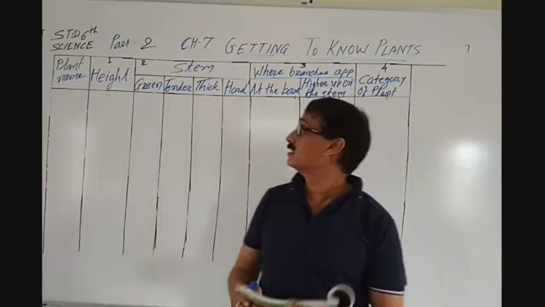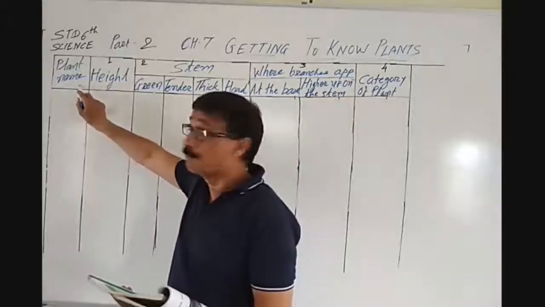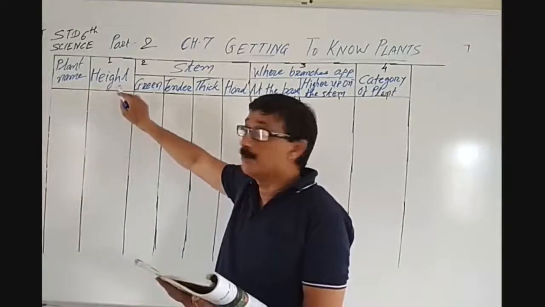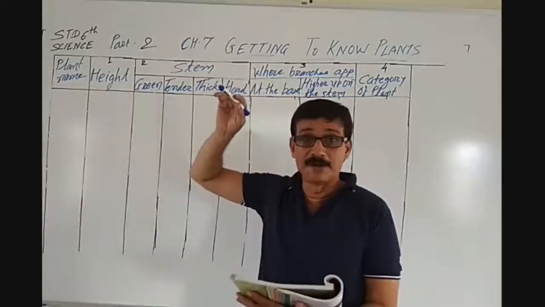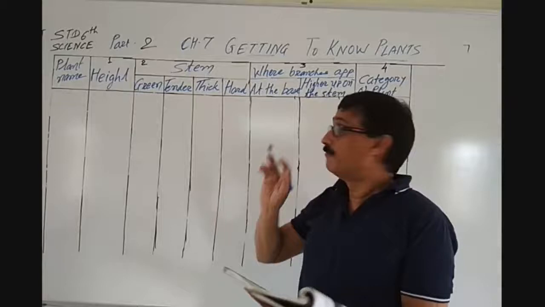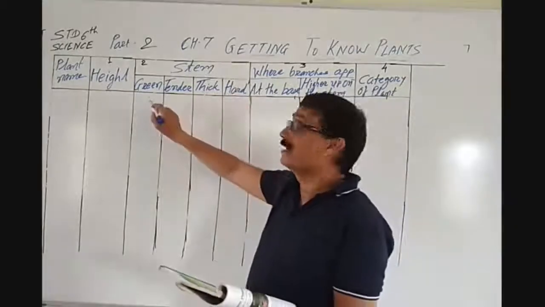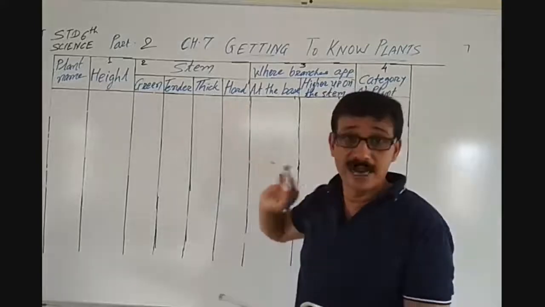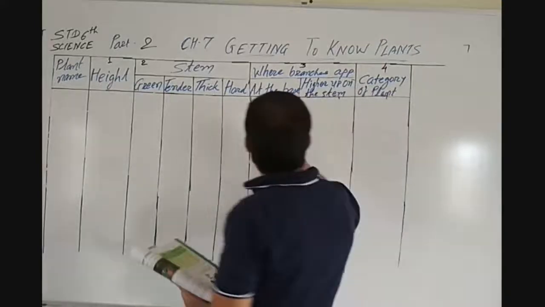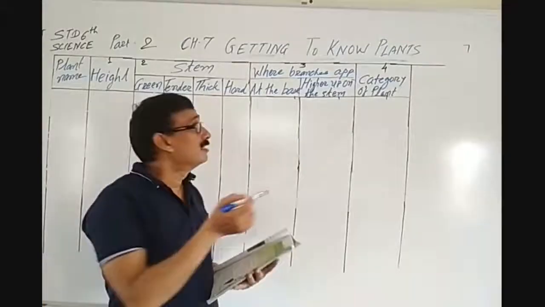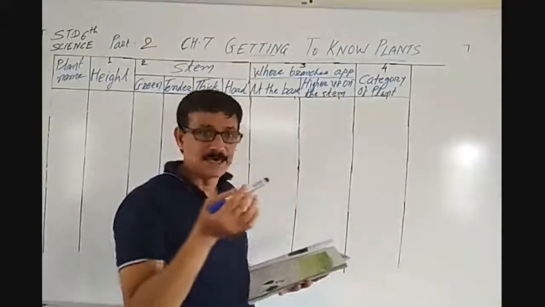Now see, this is plant name. In this column we will write the plant name. Then we will write the height of the plant. Then the stem: whether the stem of the plant is green, tender, thick or hard. Then where the branches appear. Here APP means appear.